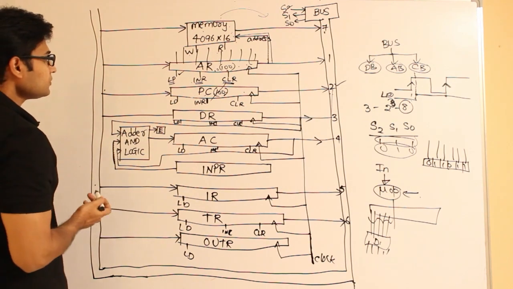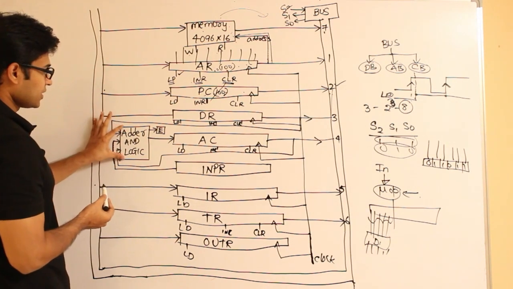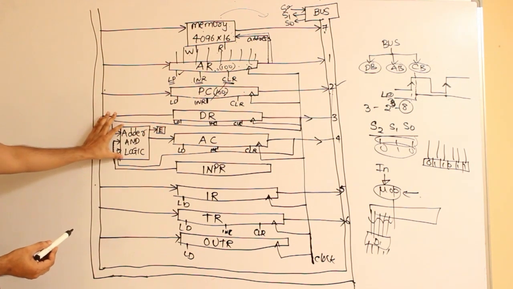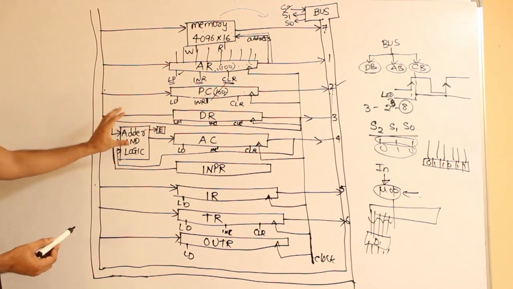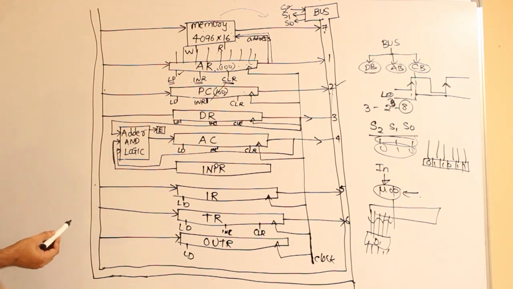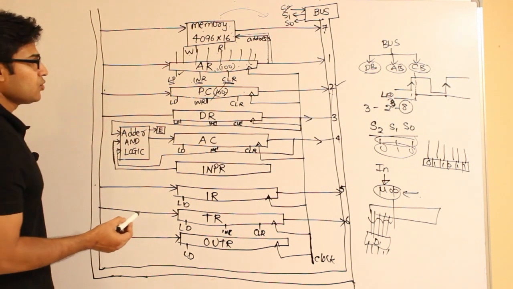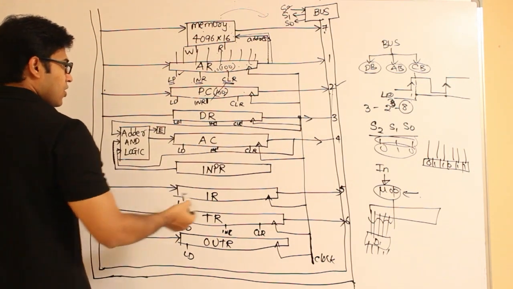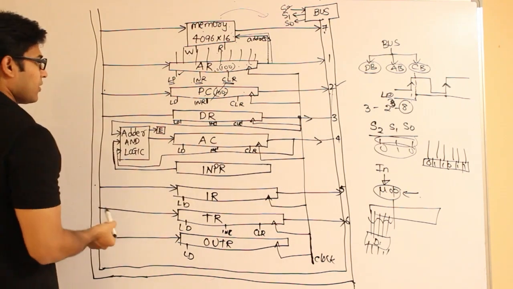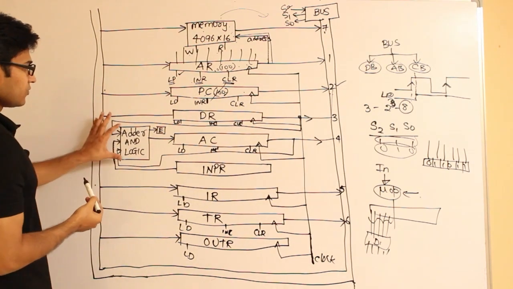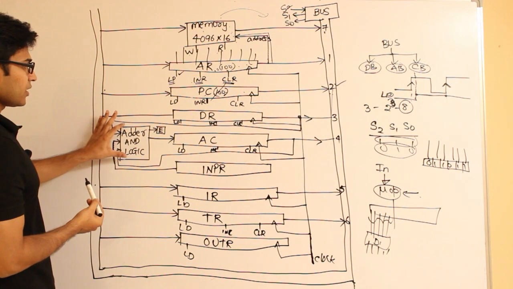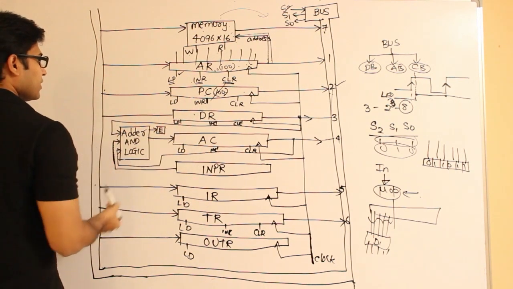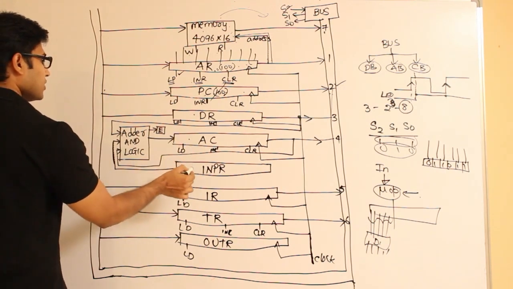And then see this one, our adder and logic, it is not directly connected to the bus. If you have to send some input to this adder and logic, which is nothing but the circuit which is available in order to perform some manipulations on the data, you have to put that data either in the data register or in the accumulator or in the input register, which means if you have to send some data for calculation for some operation, you have to put it either in data register or in accumulator or in the input register.